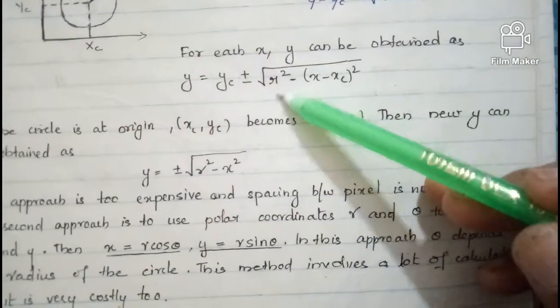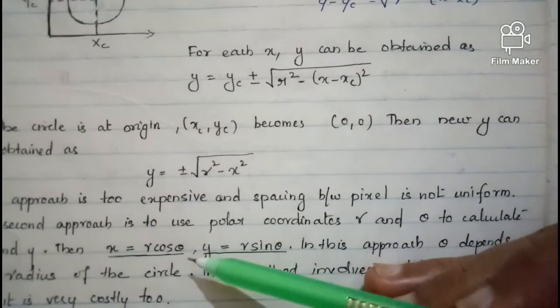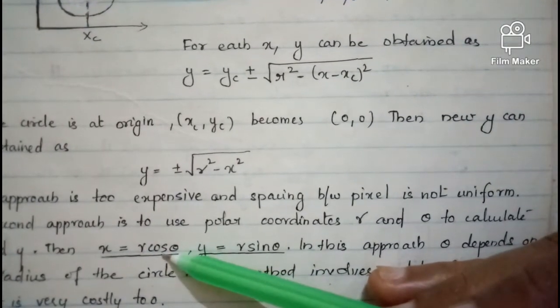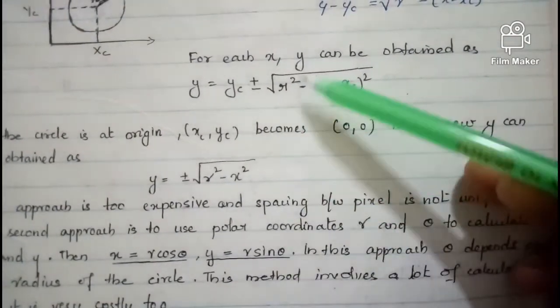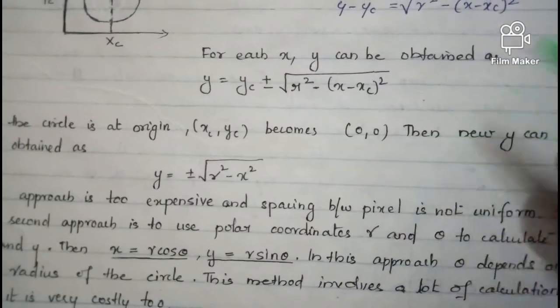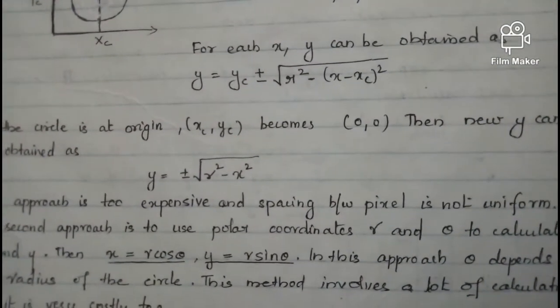But this method is also complicated, because each time to calculate the value of x and y, we require to find cos theta and sin theta values, which is very difficult. So because of the difficulty of these two methods, a third method was suggested, and this method was known as 8-way symmetry.